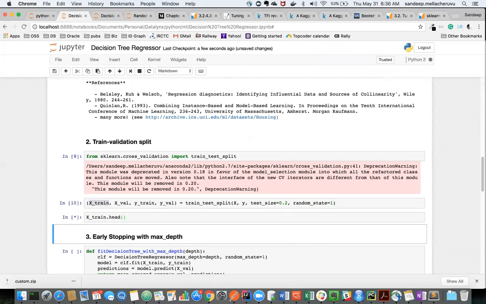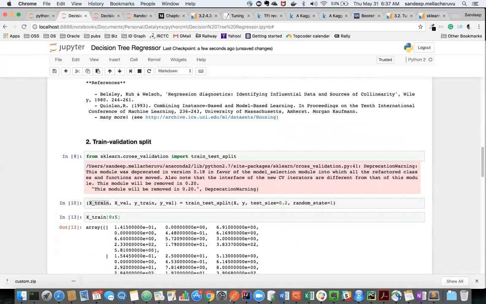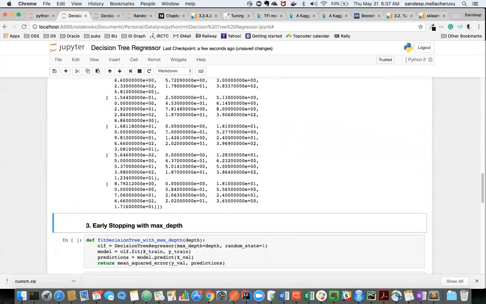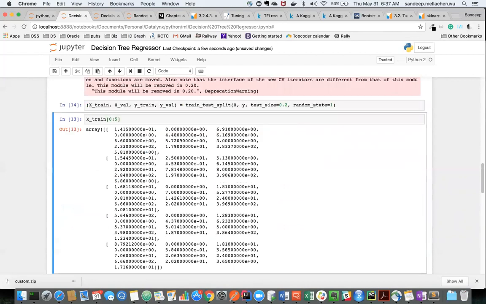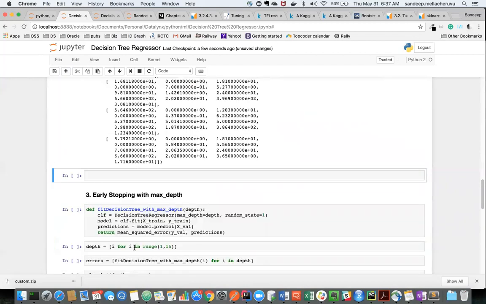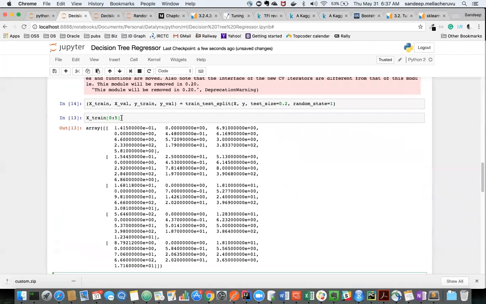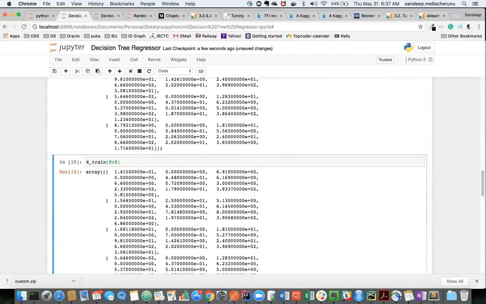Let me give the first 5 records. These are your first 5 records. Now let me run again, and this time we'll create another cell and run for x_train of this one, just to show you these two are the same.